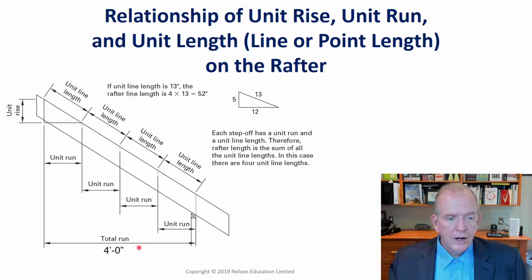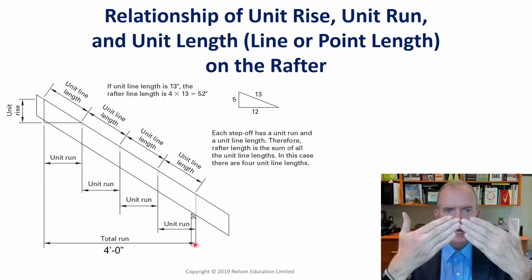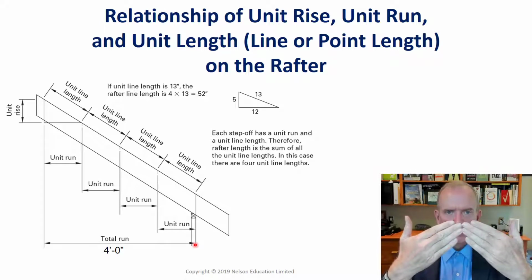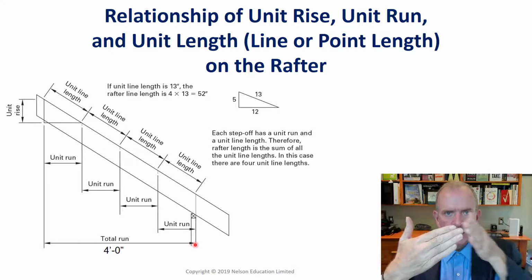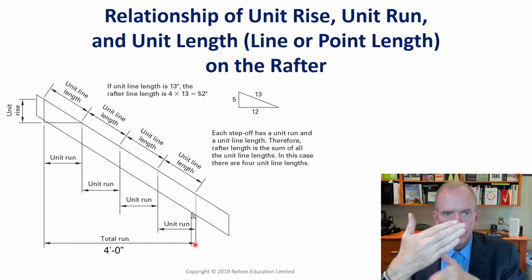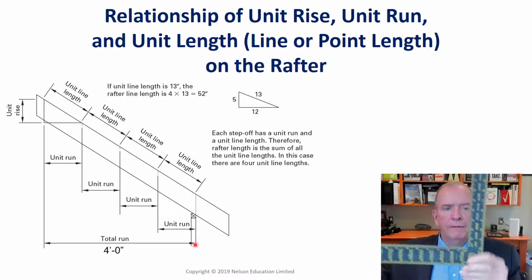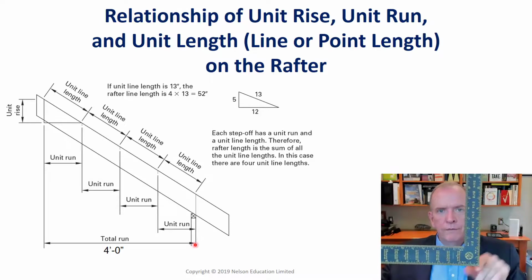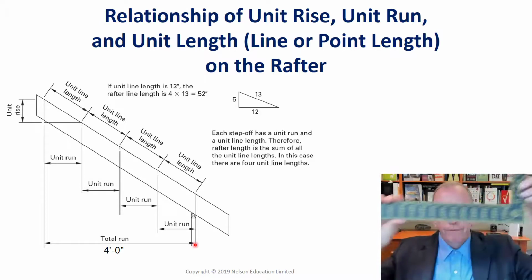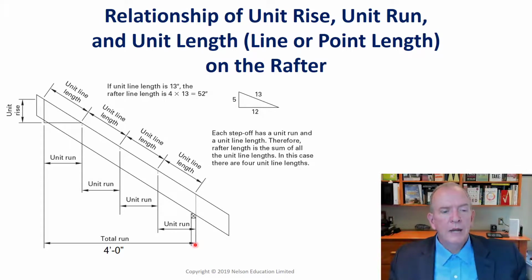Now, let's say that our total run was 4 feet. So if we had a typical gable roof, we would have a span of 8 feet. Half the span is 4 feet, so that would give us our run. If we take steps with our framing square set at 5 and 12, and we step that off 4 times, that will give us our overall total line length.